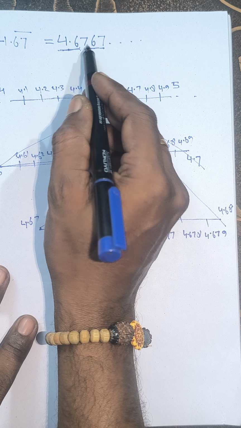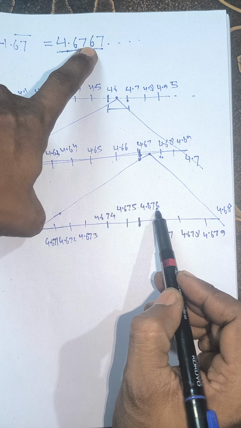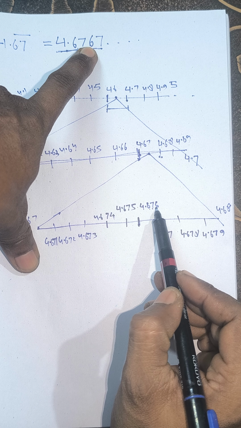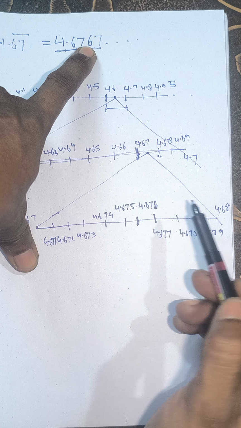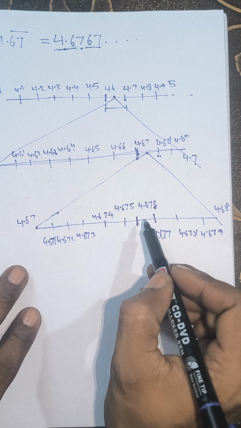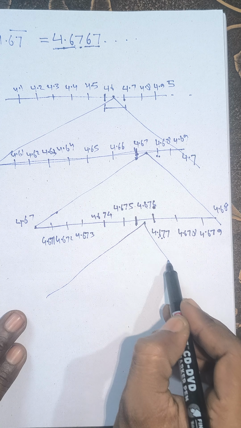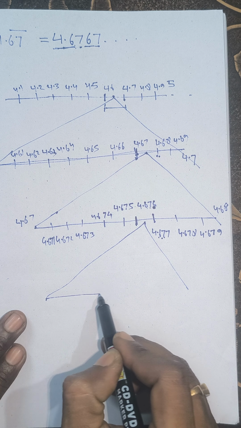So 4.676. Now we need to find one more digit, so that number is greater than this but lesser than 4.677. So this will lie between here. Again we are zooming.